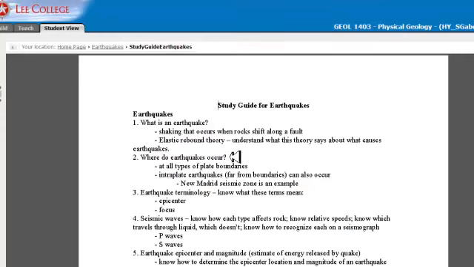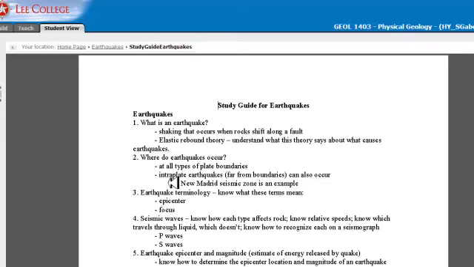Where do earthquakes occur? We talked in the plate tectonics module about how earthquakes occur at all the different types of plate boundaries: divergent, convergent, transform boundaries. And that's expected because at the different plate boundaries we have rocks that are under stress due to the plates trying to move on either side of the boundary.